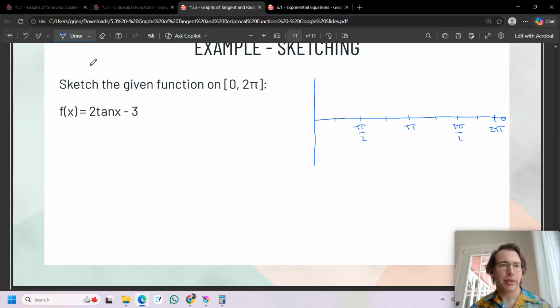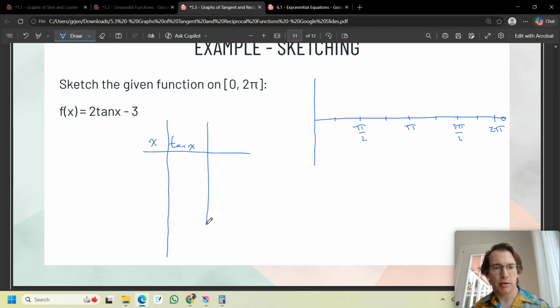Okay, so now I would also recommend going back to this grade 11 skill of taking some useful x values and some values for your main function. And then we're going to keep our x values the same. Neither this nor this is changing any x values, but we are going to do 2 tan x minus 3 there.